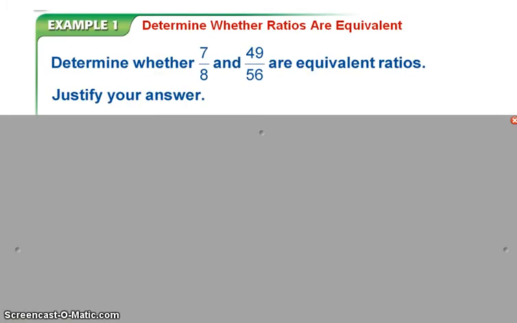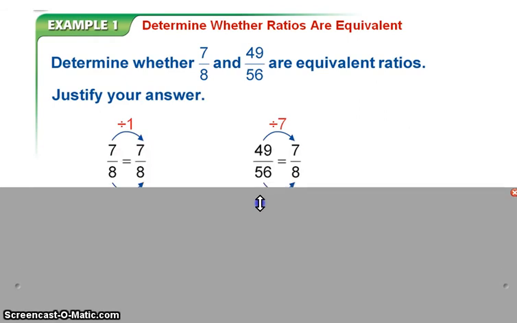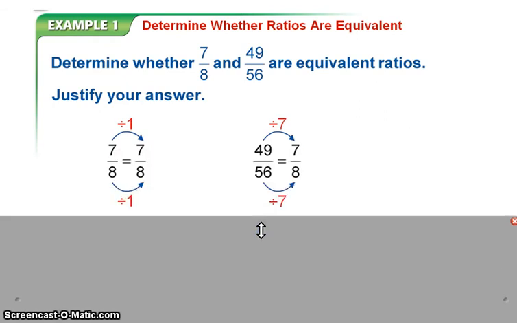Let's look at our first example. The first thing we want to do is determine whether ratios are equivalent. And again, a ratio is just a comparison of two different things, or it's also a fraction. It says determine whether 7/8 and 49/56 are equivalent ratios. Justify your answer. We're going to try to put these in lowest terms.